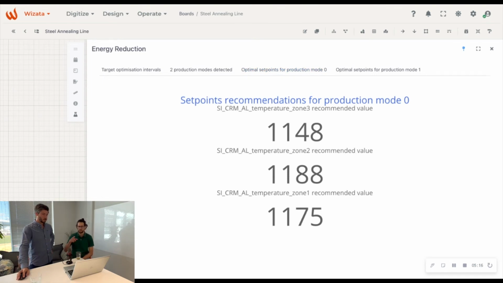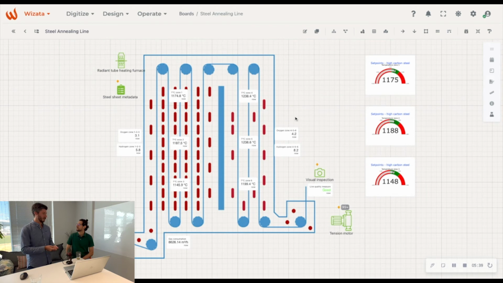If I would send this information back to the PLC or closed loop, it could do it automatically? Yeah, of course. So what we can do with this system is to set some targets for production. We usually have two types of applications for users. Some companies have a policy of manual validation and manually applying the set point, so from the process engineers and operators.